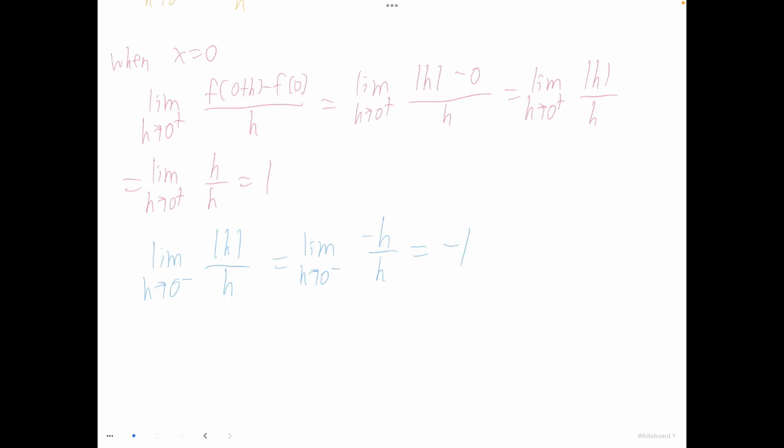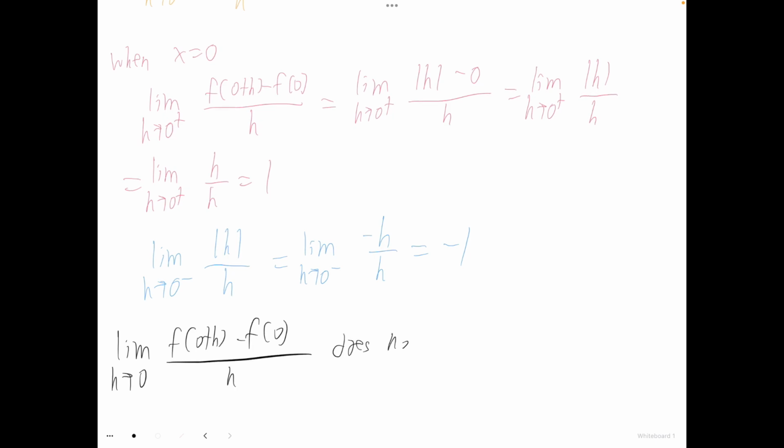We get 1 from the right and negative 1 from the left, and so because of that, the limit does not exist. So the limit as h goes to 0 of f of 0 plus h minus f of 0, over h does not exist. In other words, f prime of 0 does not exist.